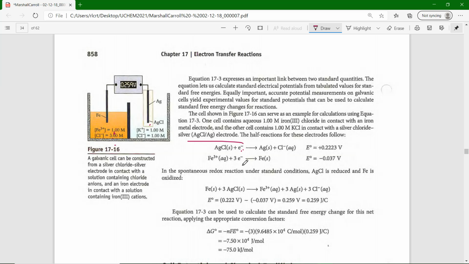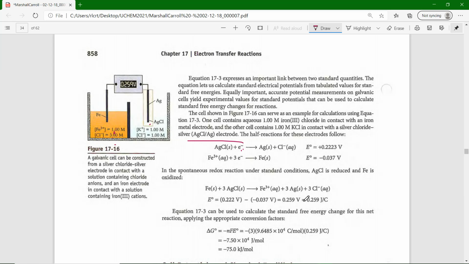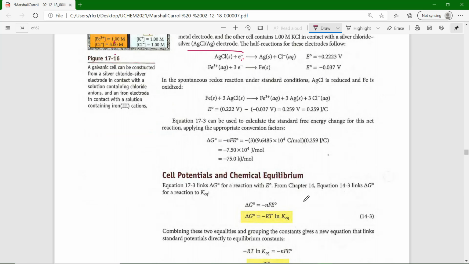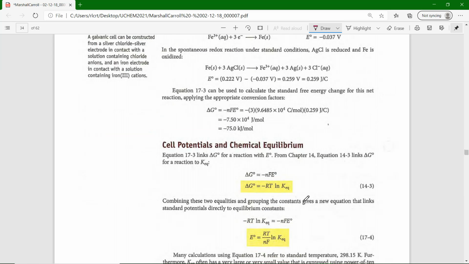My E naught for this reaction is 0.2223 minus a minus 0.25-something, 0.259 joules per coulomb. So the bigger that is, the bigger negative value of delta G naught it'll be, and the more spontaneous it will be.